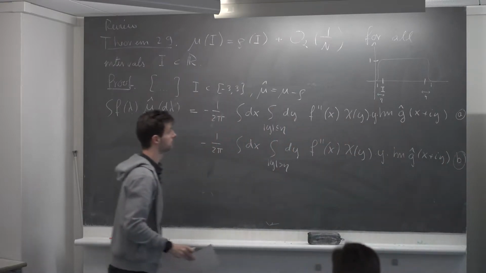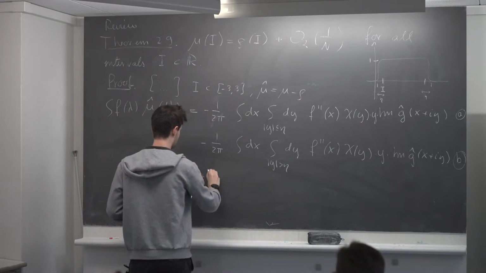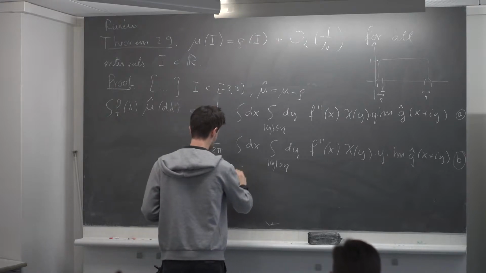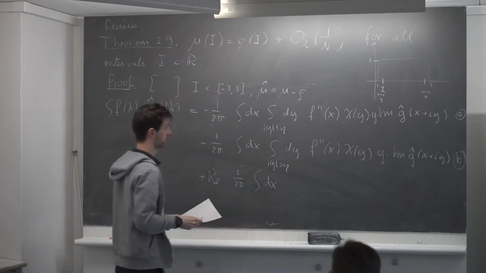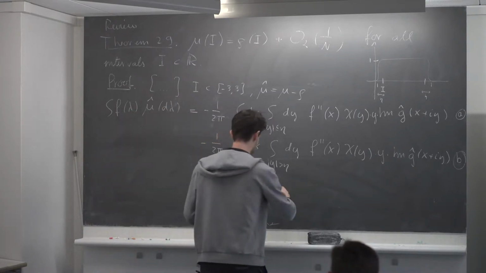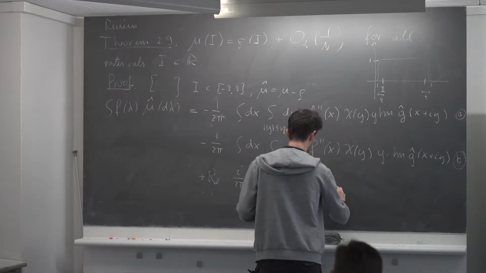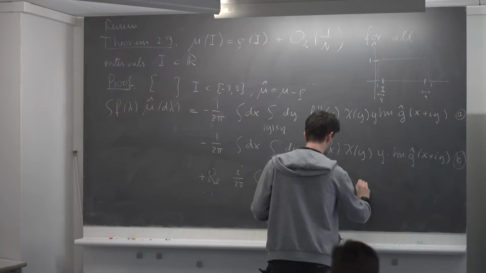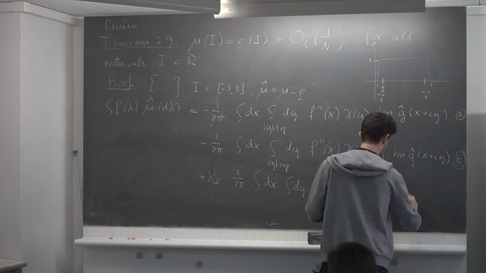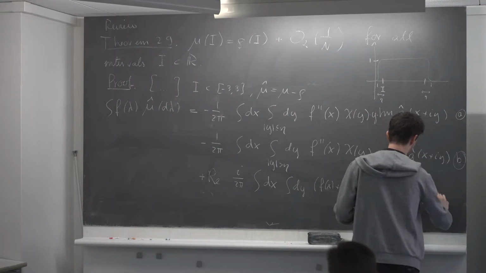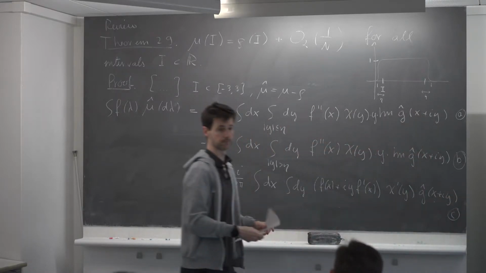And this I called B. And finally, I had the real part of this term where I differentiate the chi. This term I call C.